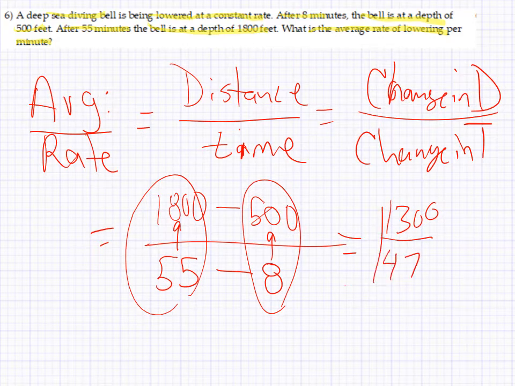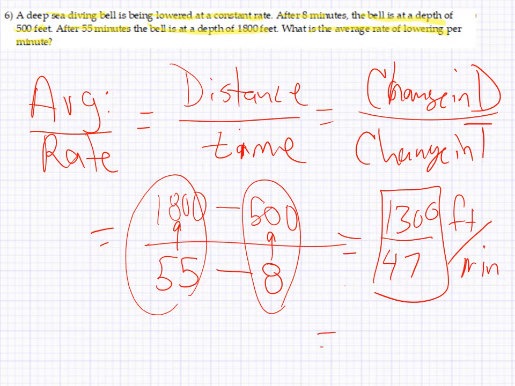So if you want to, you can leave it like that. That'll be the feet per, what are we in, minutes? That would be the rate. We could simplify that. We could turn it into a decimal. They all would be acceptable answers. So if we turned it into a decimal, 1,300 divided by 47, you would get 27.7.